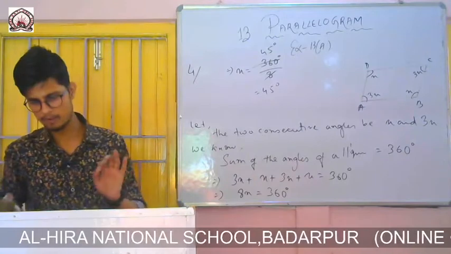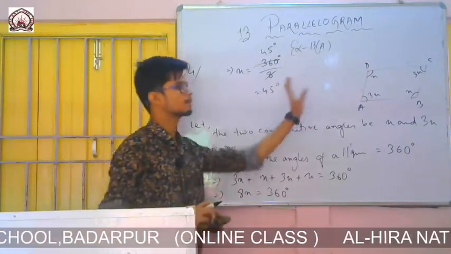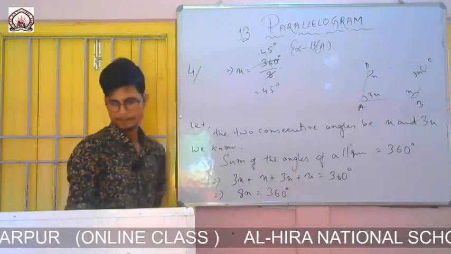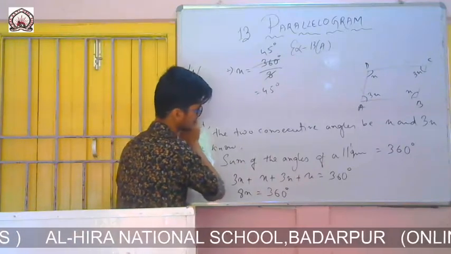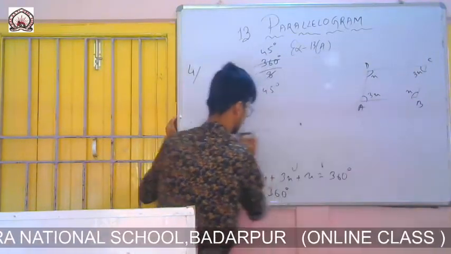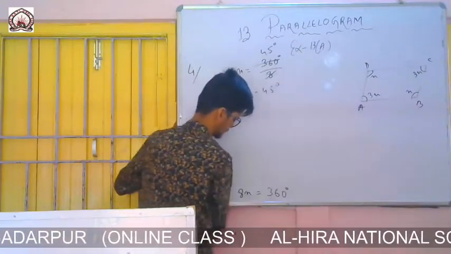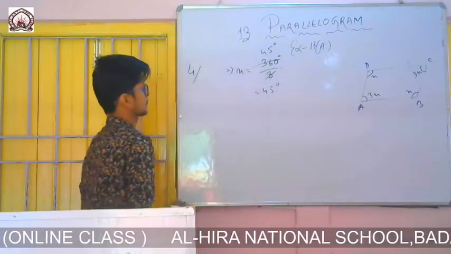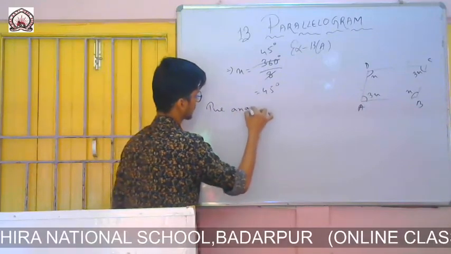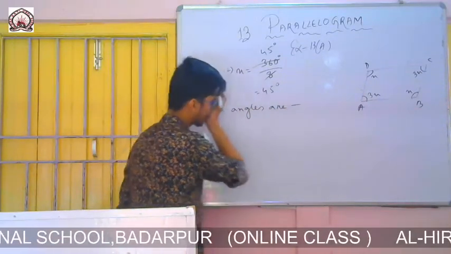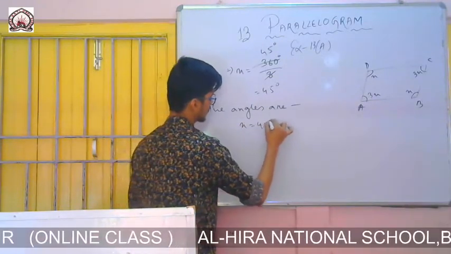Now the question is to find each angle of the parallelogram, all the 4 angles. Therefore the angles are: first one is x, which equals 45 degrees.